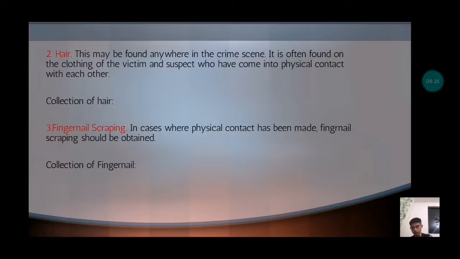And the third is to take at least a dozen hairs from each location in rape cases. So take two samples from both the victim and the suspect. The first is taken by combing and the second by cutting and pulling.